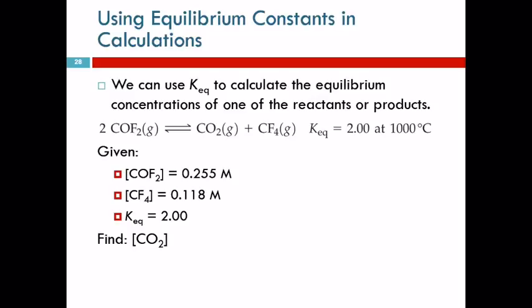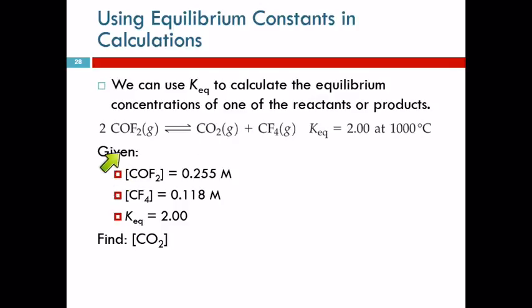Well, so that's nice. We can calculate an equilibrium constant. Why would we want it? We can use the equilibrium constant to help us predict the concentrations at equilibrium, and that can be very useful. So if we look at this example here, COF2 is in equilibrium with CO2 and CF4. The equilibrium constant at 1,000 degrees Celsius is 2.00.